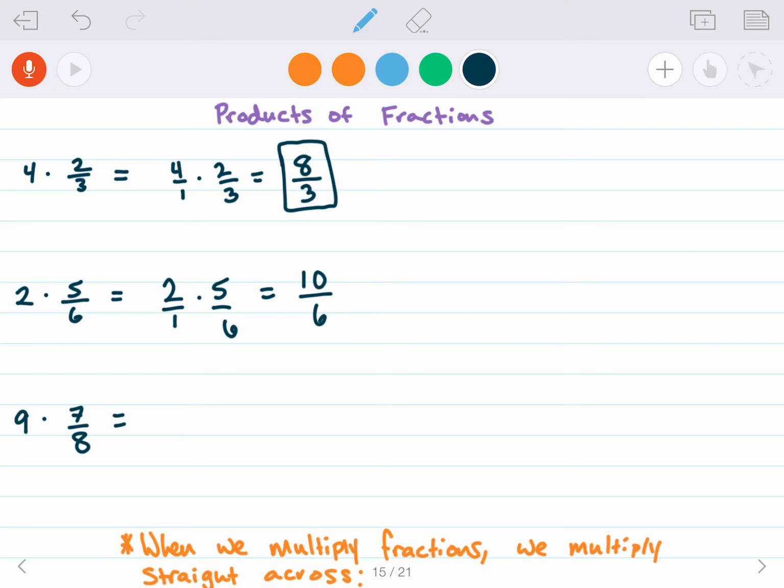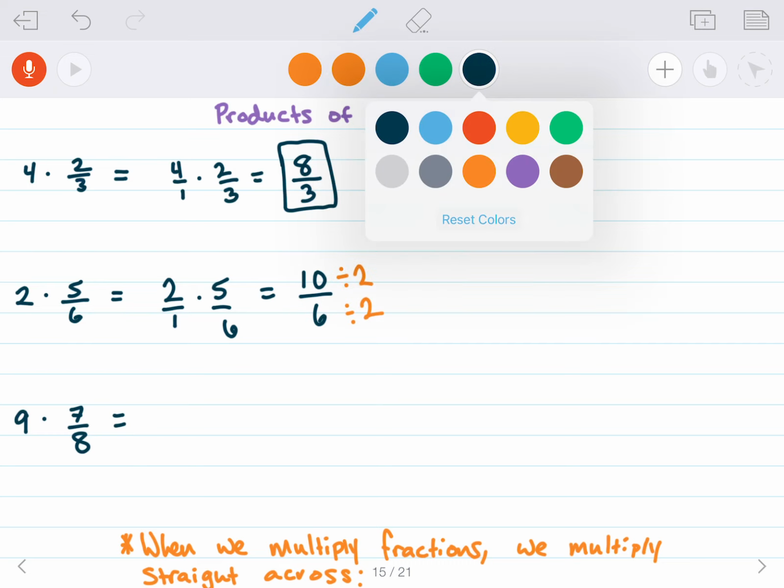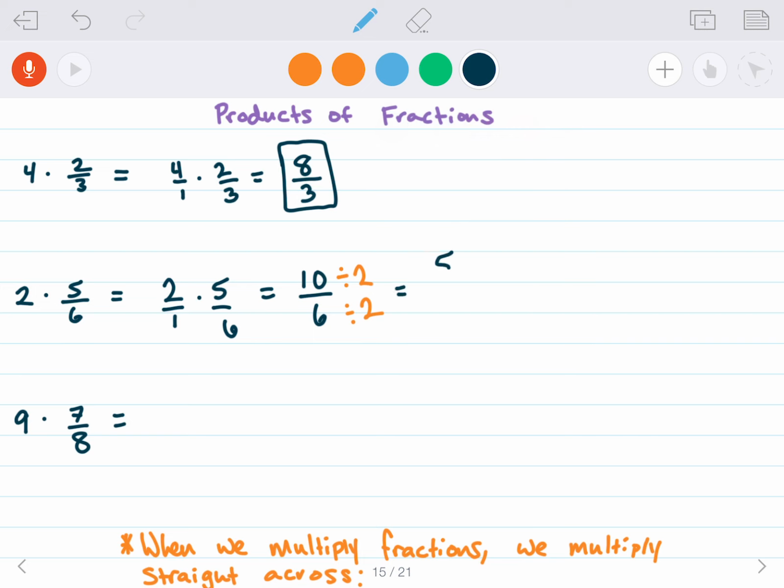So we don't want to be able to divide anything out on top and bottom, but here we can divide top and bottom by 2. So 10 divided by 2 on top is going to leave me with 5. 6 divided by 2 on bottom is going to leave me with 3, and this is my answer because I can't divide anymore. All right, so I can't find a smaller equivalent fraction than that.